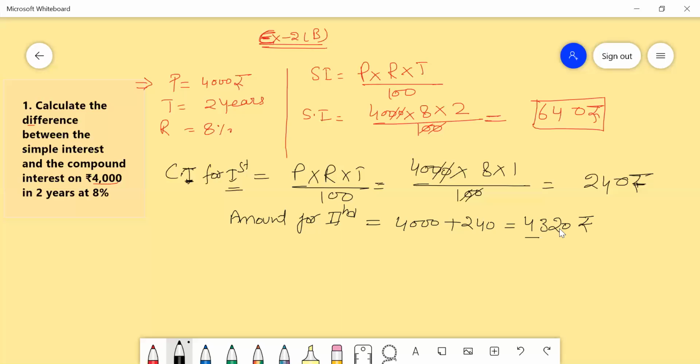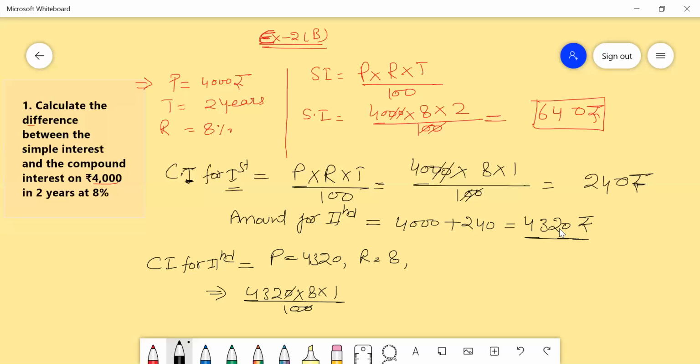So it will be the principal for the second year. When we calculate compound interest for the second year, the principal is 4,320, rate of interest is also 8, and time is 1. So we calculate 4,320 into 8 into 1 upon 100.